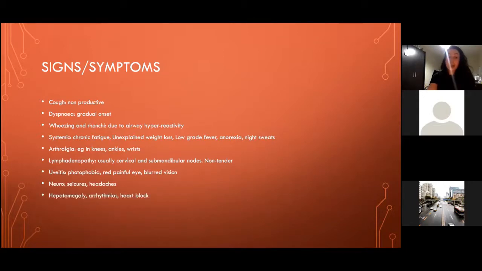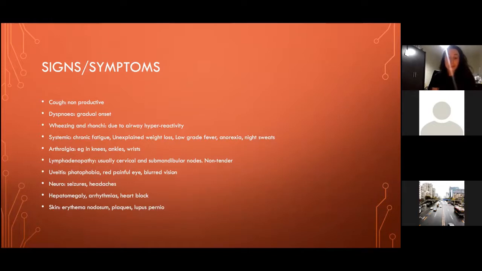You can also get hepatomegaly, and the most common cardiac manifestations include conduction abnormalities such as arrhythmias and heart blocks. Some skin involvement includes erythema nodosum, plaques, and lupus pernio, which is raised hardened lesions on the skin of purple colour, and it's pathognomonic of sarcoidosis.